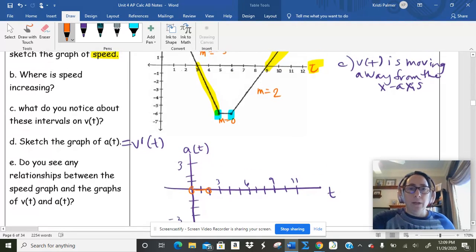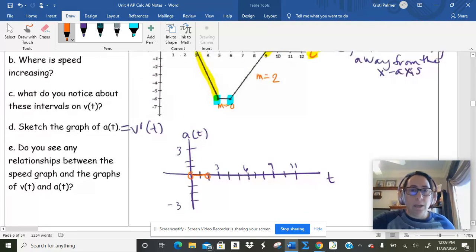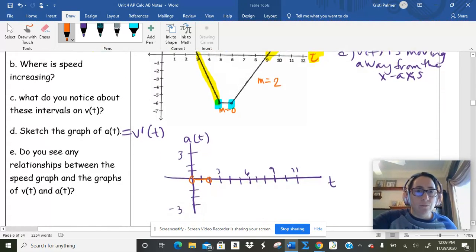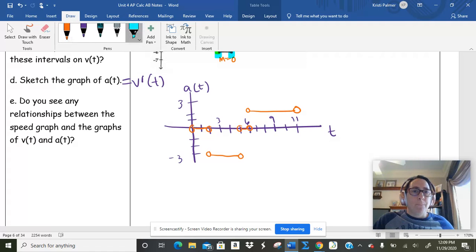Then from 2 to 5, I am at negative 3. Then from 5 to 6, we are back at 0. And then from 6 to 11, we are at 2. Okay, now we have this graph of a of t.